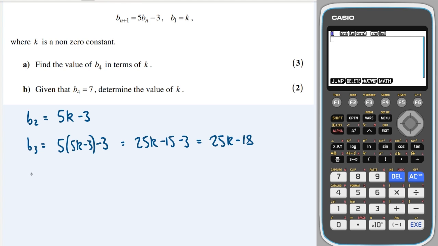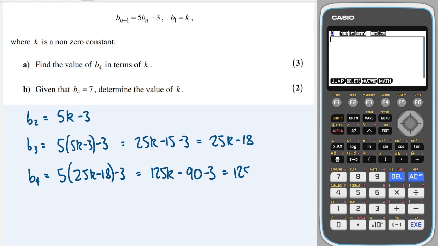And what do we do? We do it again. Yay. 5 lots of, this time, 25k minus 18 minus 3 is going to give us 125k minus 90 minus 3, which is 125k minus 93.